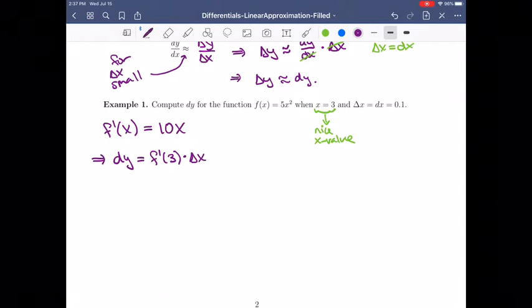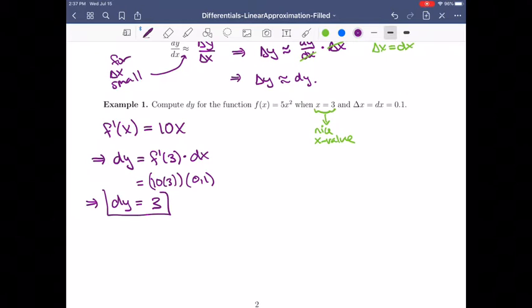I should use dx because that's what's in the formula. So f prime of 3 is 10 times 3, and dx, they told me, is 0.1. So this is actually 30 times 0.1, so we get 3. My change in y, I would approximate to be 3. Let's compare.